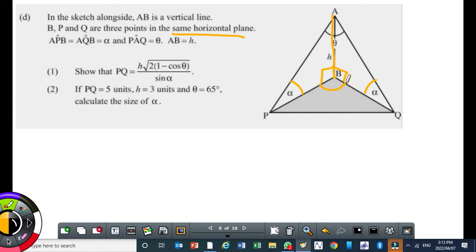Since I've got this theta here, all I have to do is determine the size of AQ in terms of H and also AP in terms of H. So I need to know the length of AP and the length of AQ, because I already know the size of this angle. Remember, to use the cosine rule, you must be given an angle and the sides that form that angle. Alright? So let me do that quickly.